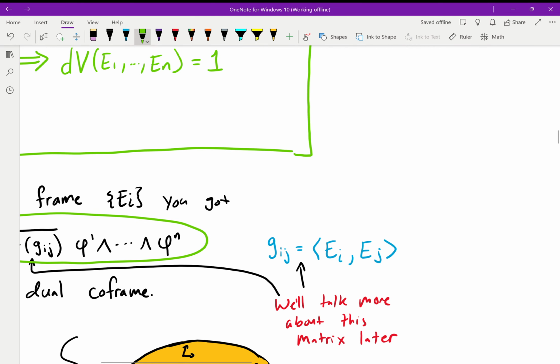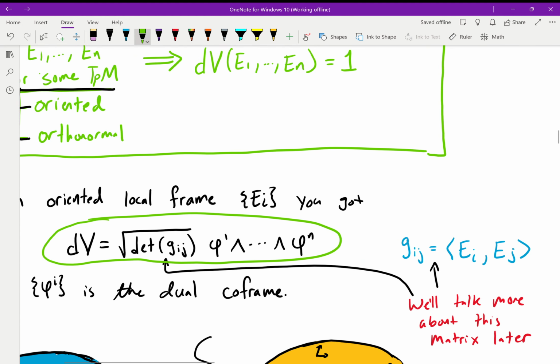The idea is that we have these little components. g_ij is just what happens when you take the inner product of E_i and E_j, and those become entries in a matrix. We'll talk more about what that matrix is like later on, but that's the matrix we're talking about here inside this square root. Excuse me. Questions?